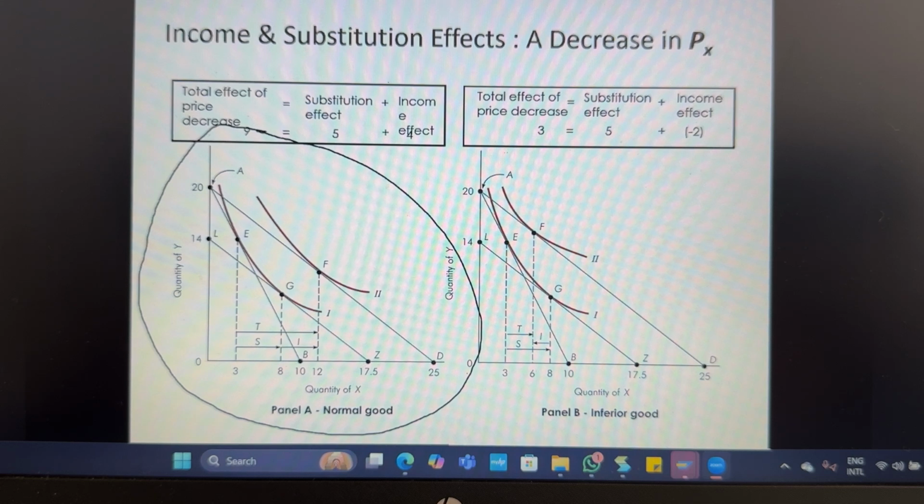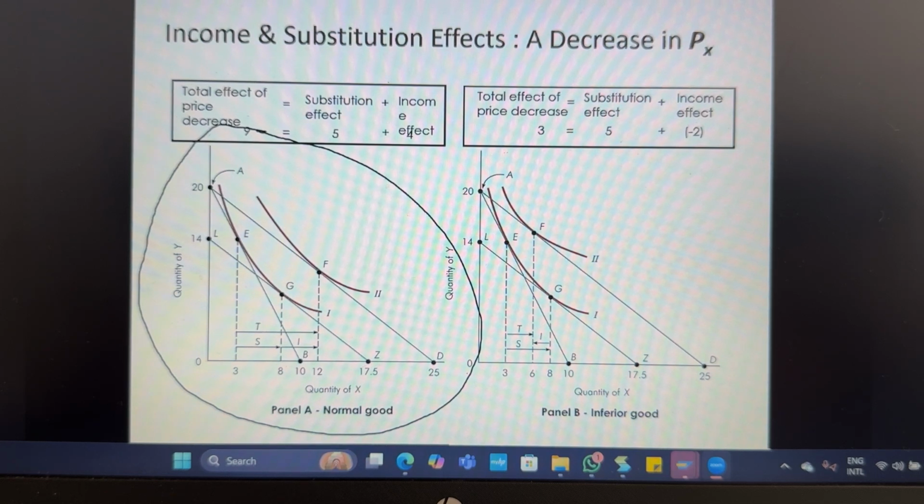Okay. What is the initial budget line? It has a name, therefore you can tell. AB, not AD, AB. Right? So what is the initial equilibrium point?